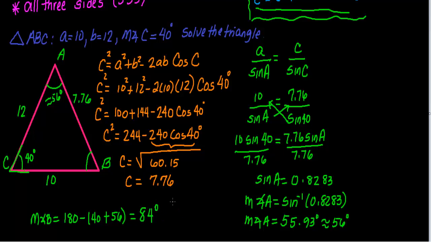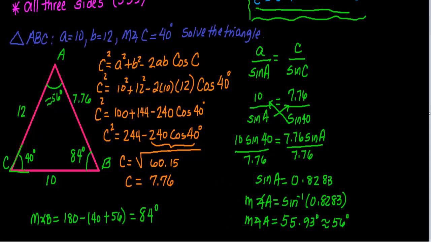And there you have it. Notice that angle B, which I suspected was an obtuse angle, is not an obtuse angle. It's really an acute angle, but it is the largest angle in the triangle, okay? So there you have it.